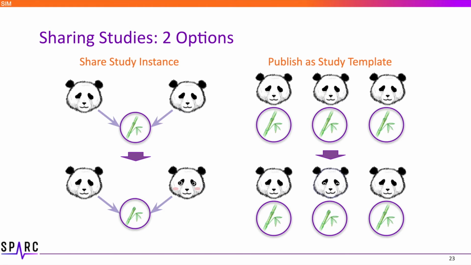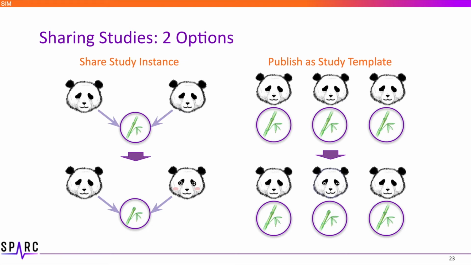The first kind is sharing one specific study, and the other one is allowing others to make copies. So templates are a very specific kind of study. They can be copied and adapted while the original template stays the same. And this idea is very similar to a Git clone for those of you who use Git.